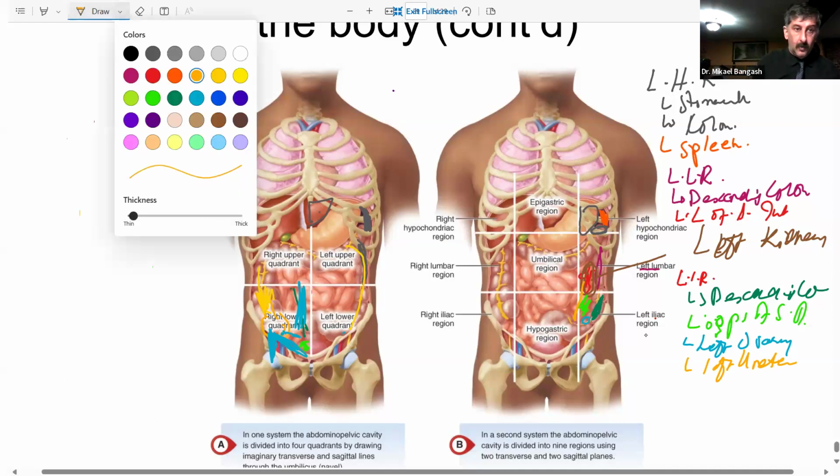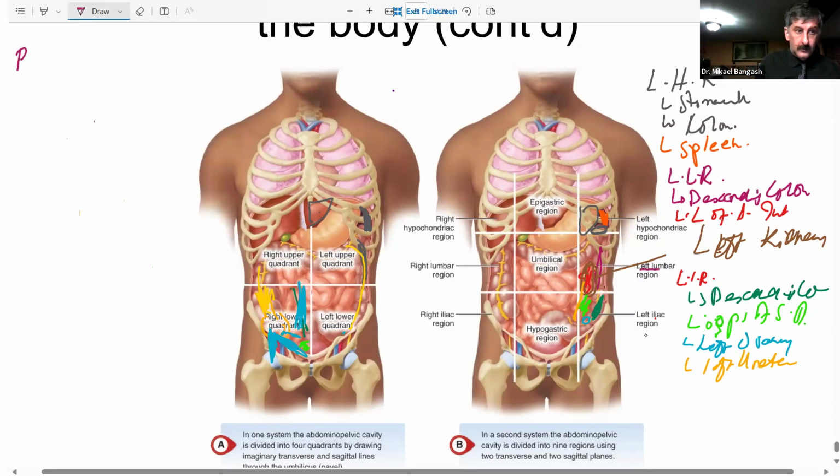Now, guys, if you go on to the right side quadrants, the right hypochondriac region. Here it's pretty much straightforward.